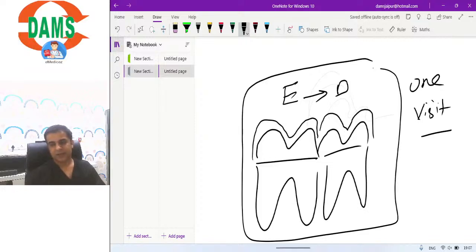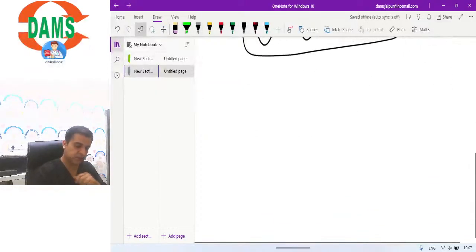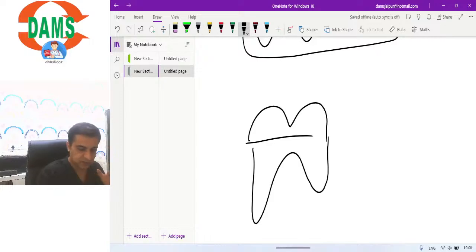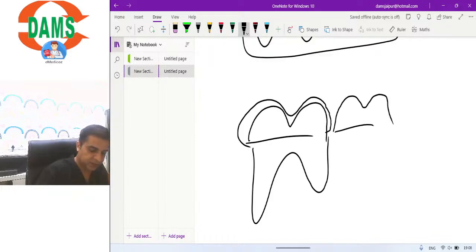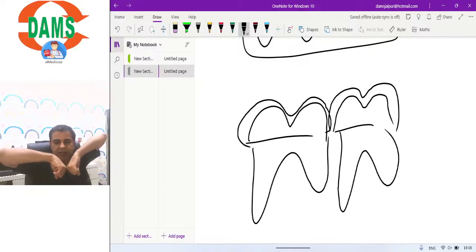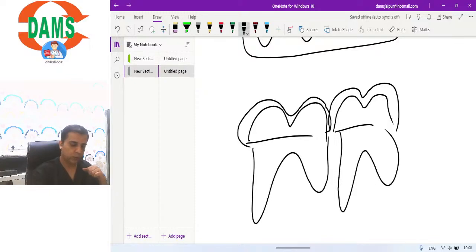Okay, this is clear cut, but why is it so? Why do we have to go with this? The simple reason being, when you see an SS crown, the crown has a little bit of convexity, right? And when you give an SS crown in two teeth together, if the convexity happens like this, it will lead to problem in crown insertion.